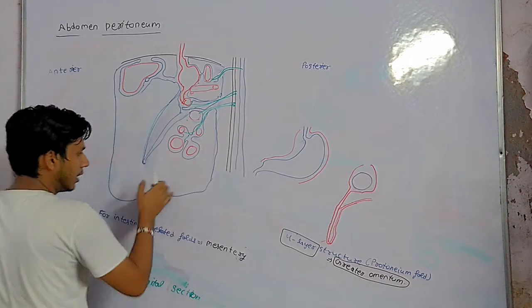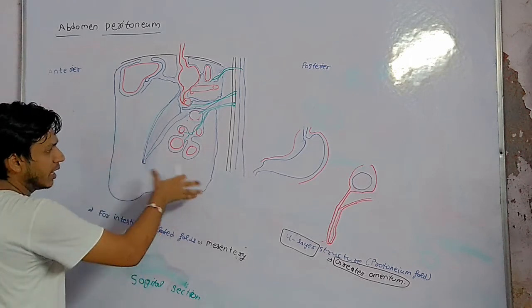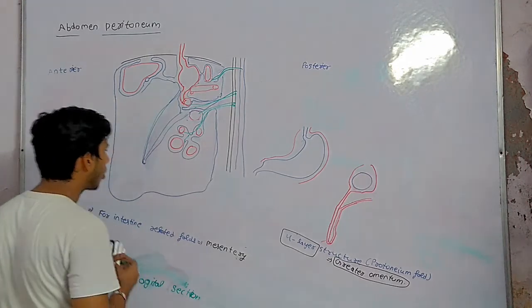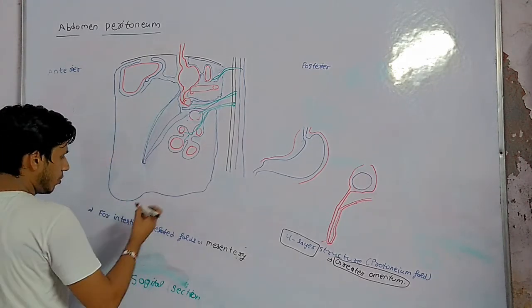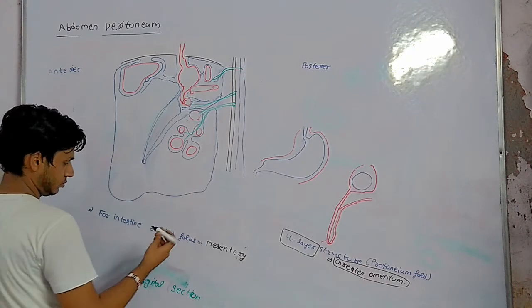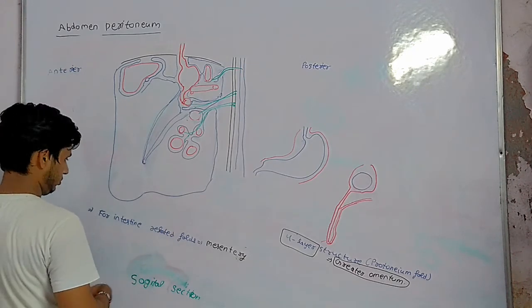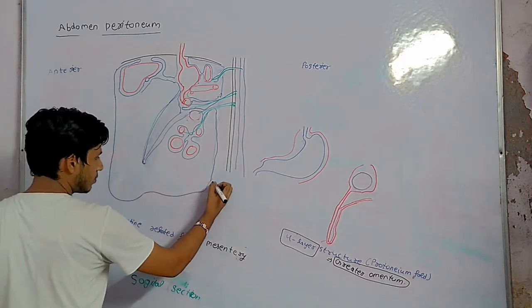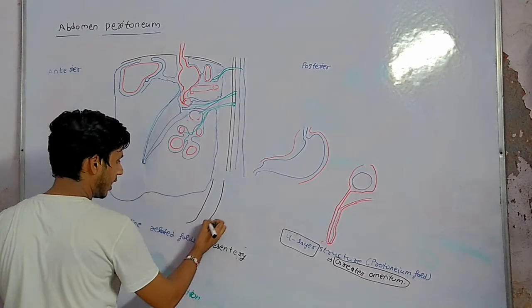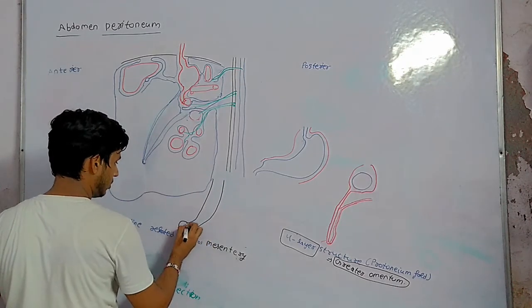In the lower abdomen there is a region called the pelvic region, which contains the reproductive organs and bladder. On the posterior surface we have the rectum.